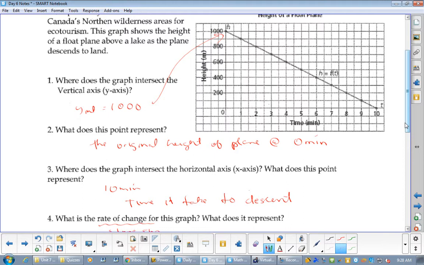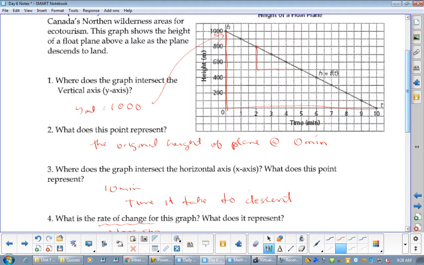Doesn't matter. Okay, but what do we know about the slope? It should be negative, right? So you can go like this. Oops, probably not there. You'd want to go there. Or you could go like this. Doesn't matter. You will still get the same slope no matter where you draw that triangle.